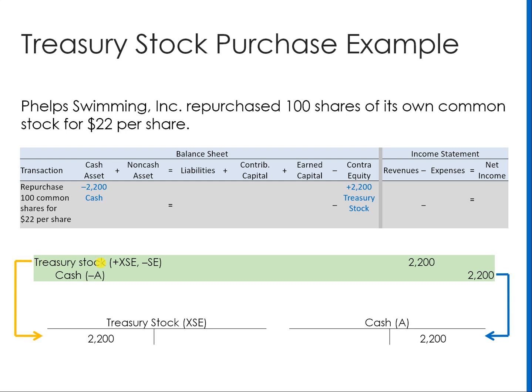This is a contra equity account. It's an equity account, but it's going to show as a negative equity, $2,200. On the balance sheet, it is reported in the contributed capital section, or at the end of the equity section.